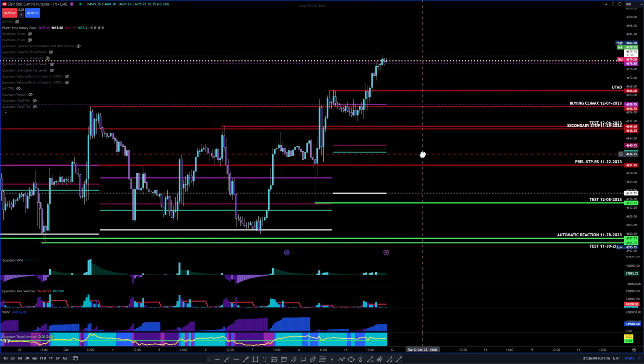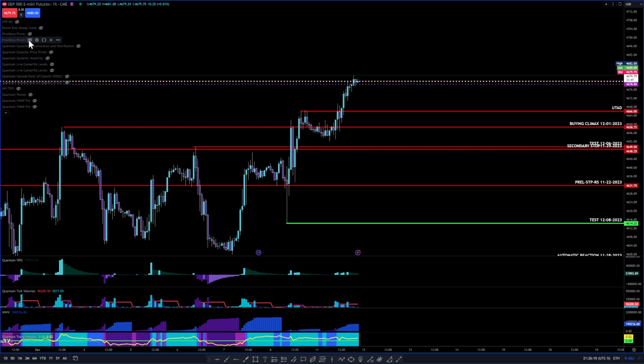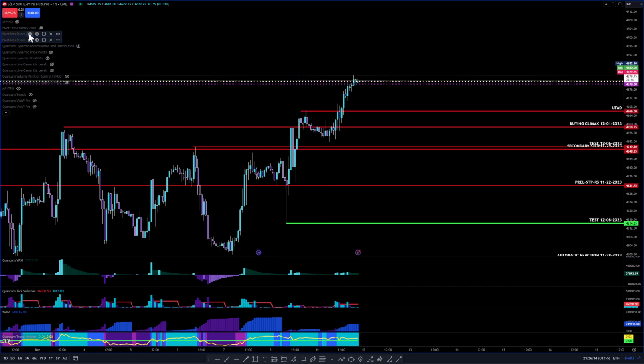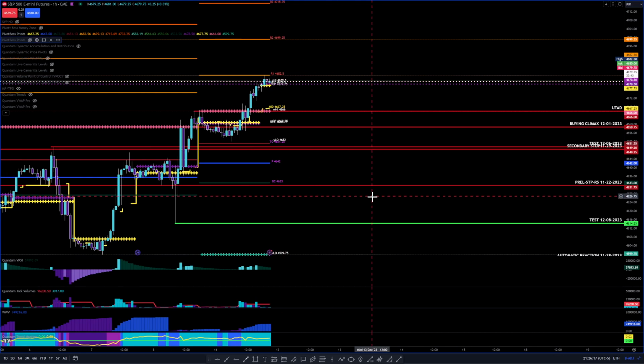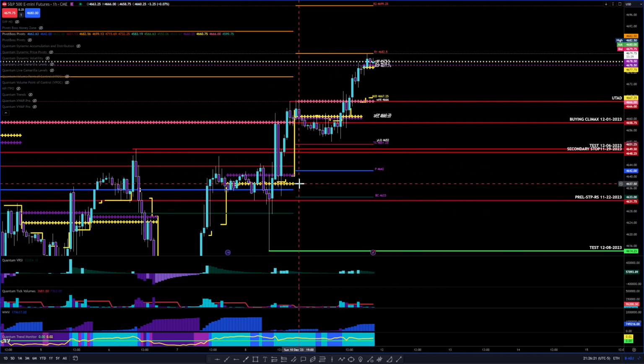So as far as the market profile for the week is concerned, this is looking bullish right now. So let's look at the weekly pivots, right? Let's consider the central pivots here. We have last week's top central pivot.